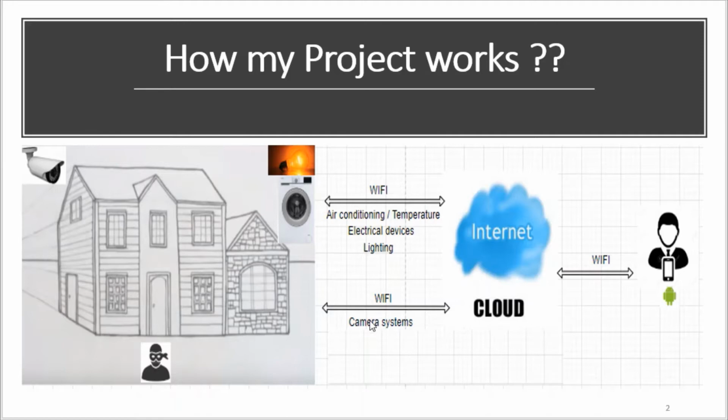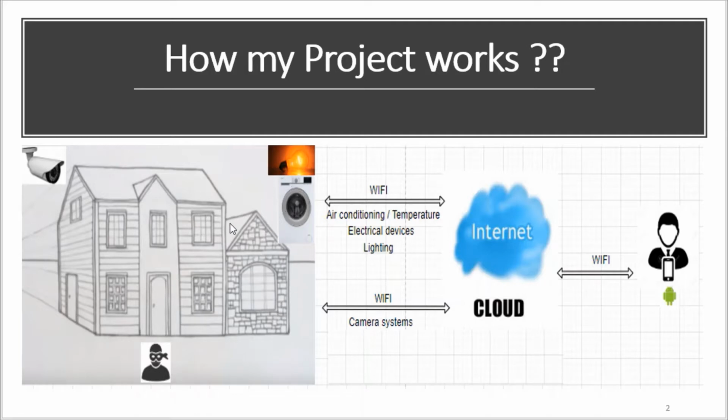I can explain here by drawing in draw.io. We can see the camera on the house and we can see someone here, or we can say that it is a thief. Also, I have added the electric device here.